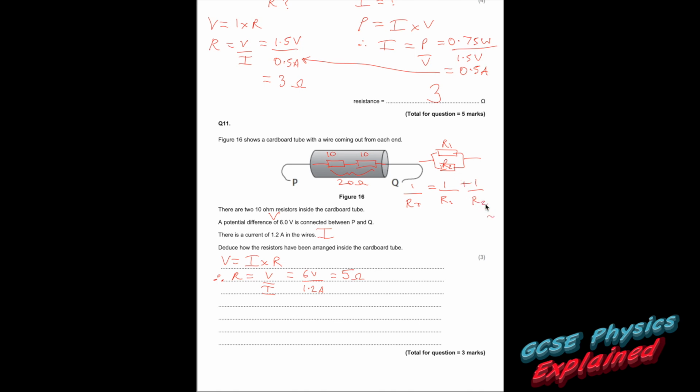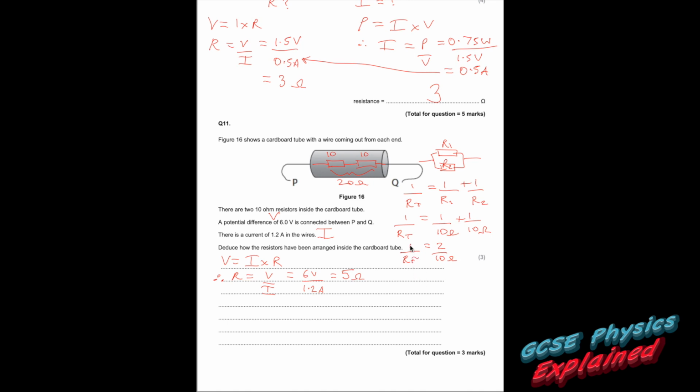I can't resist myself. I've taught A-level physics for 20 odd years. I'll quickly show you. So 1 over the total resistance equals 1 over 10 ohms plus 1 over 10 ohms. So 1 over the total resistance will be, well, a tenth plus a tenth is 2 tenths. Now 2 over 10 is not the answer. 2 over 10 is 1 over the answer.